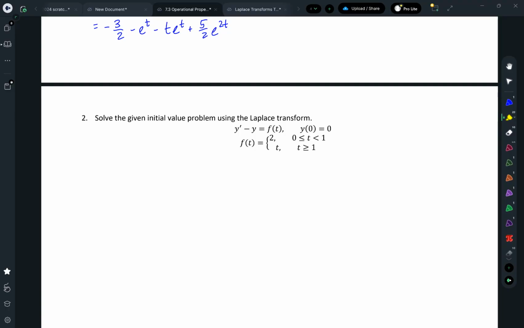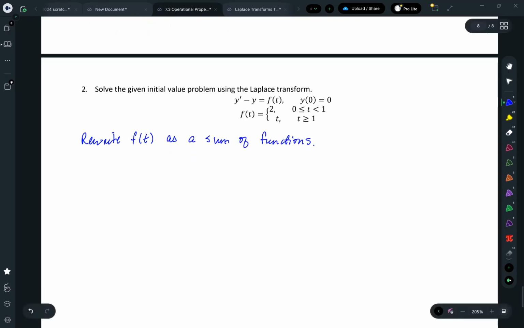So our first job is to rewrite f of t as a sum of functions. Otherwise, we won't be able to handle this, because I don't know how to take the Laplace of a piecewise function, but I do know how to take the Laplace of a unit step function. So I'm going to use that.